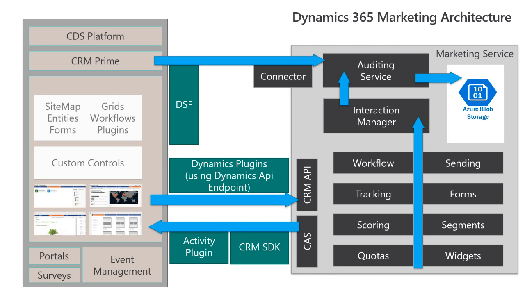The marketing service has different microservices internally, which interact with the channel access service that queues up all the requests, and asynchronously the data gets updated to CDS. So there will be some delay. That's why the data messages are asynchronous. There might be some delay in sending the data back and forth, from the marketing application to CDS and vice versa.